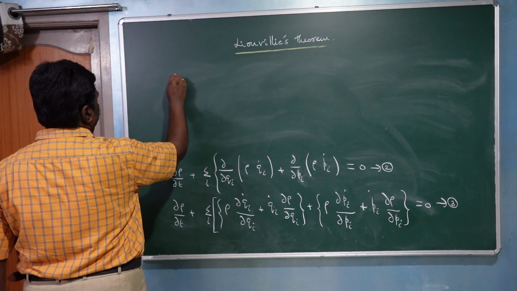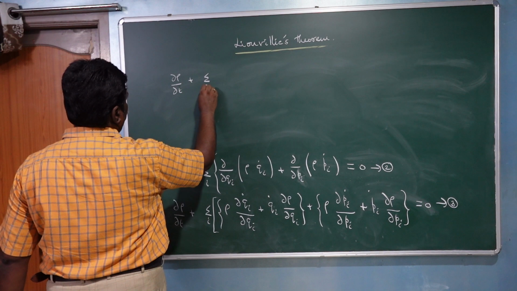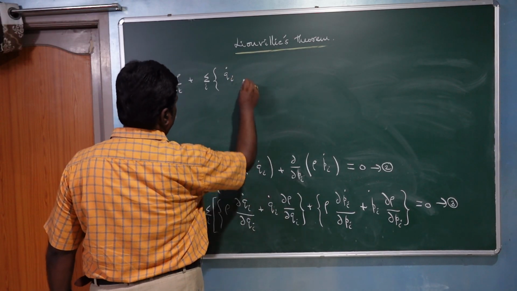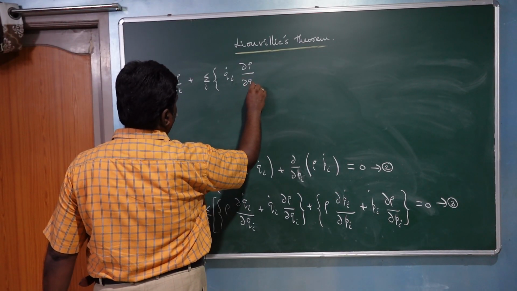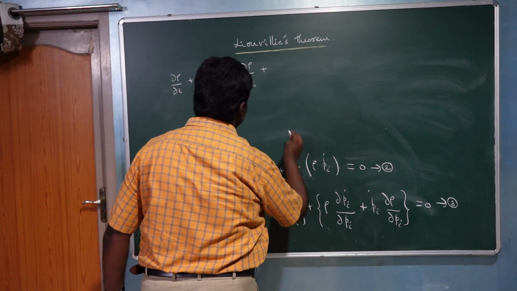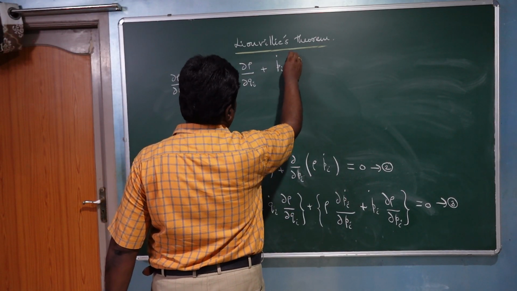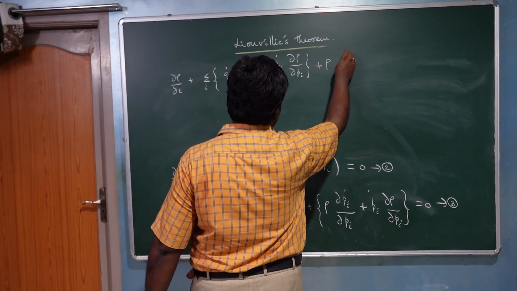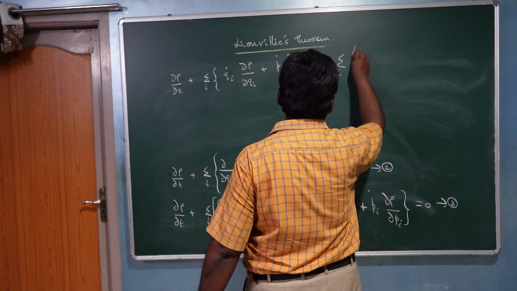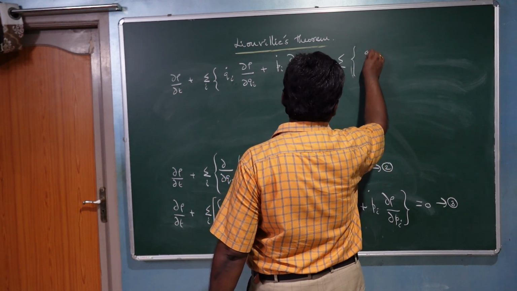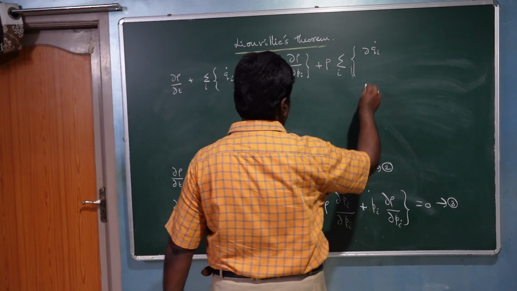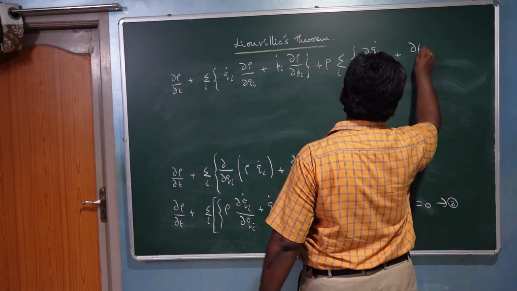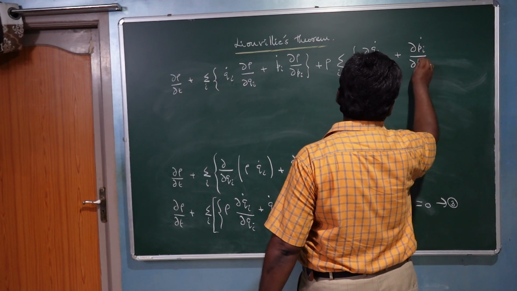See here, dou rho by dou t plus summation over i of qi dot dou rho by dou qi plus, take this term, pi dot dou rho by dou pi, plus rho into summation over i of dou qi dot by dou qi plus this term, dou pi dot by dou pi.